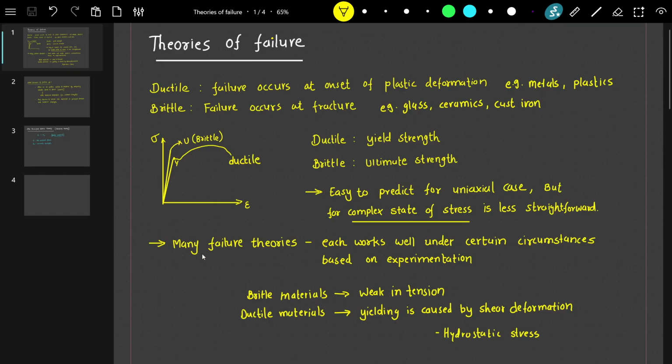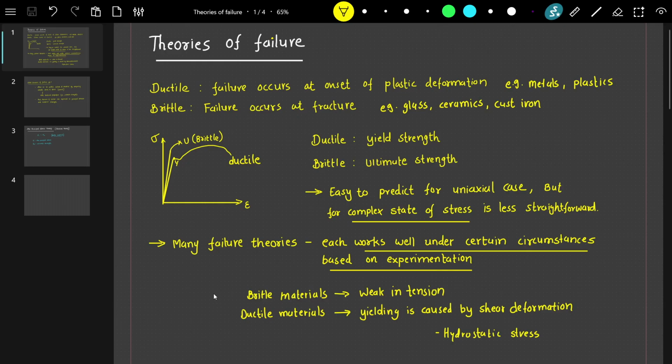So there exist many failure theories, and these failure theories work well under certain circumstances. As we said, these circumstances are the observations from experiments, that is, how the material fails in experiments.